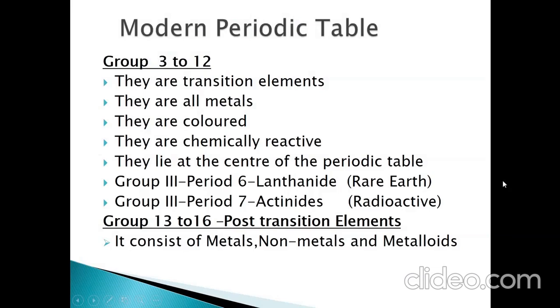So groups 3 to 12 are transition elements. They are all metals, they are colored, they are chemically reactive, they lie at the center of the periodic table. Lanthanides are called rare earths, actinides are called radioactive. But this group you don't have to study. This is just for your reference.